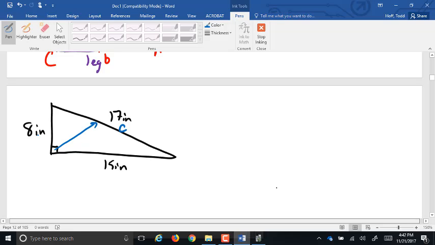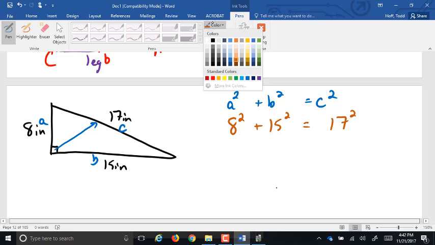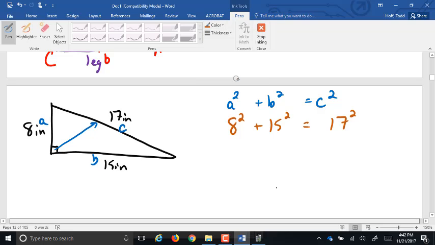Now, the other two sides, it does not matter which one is a and b, so I'm just going to throw a and b on there. So a squared plus b squared equals c squared. We'll fill in. a is 8, so 8 squared, plus b is 15, so 15 squared equals 17 squared. 8 squared is 64. 15 squared is 225.